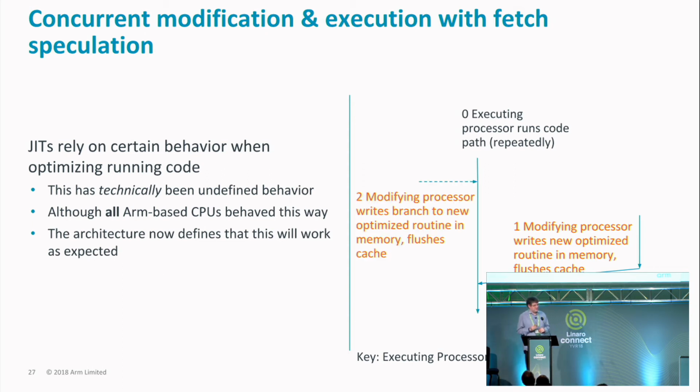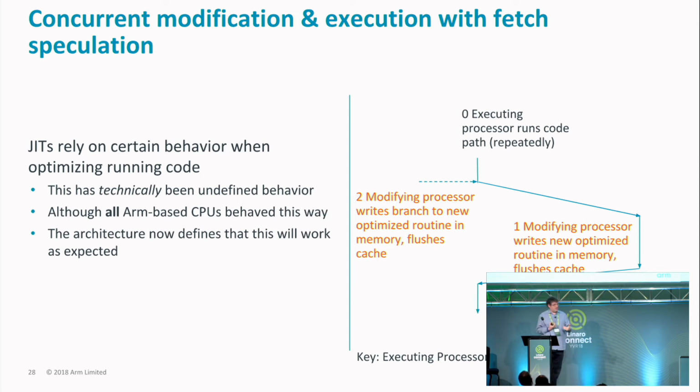Then, the modifying processor will write a branch to that new optimized routine in memory and flush the cache. So that once the executing processor notices that flush and picks up the change in memory, this is the sequence you should get: you go to that new memory and run the new optimized routine.